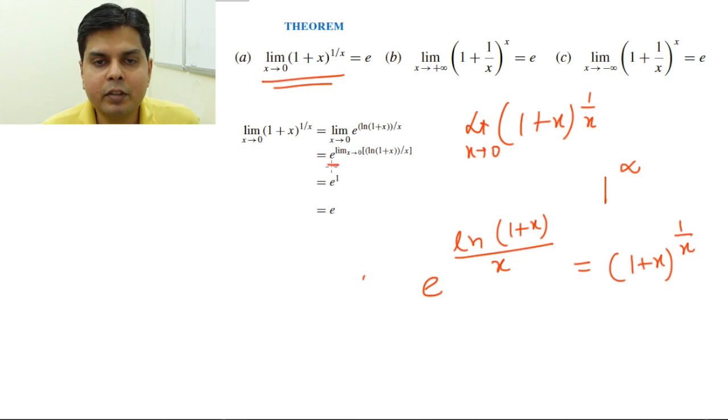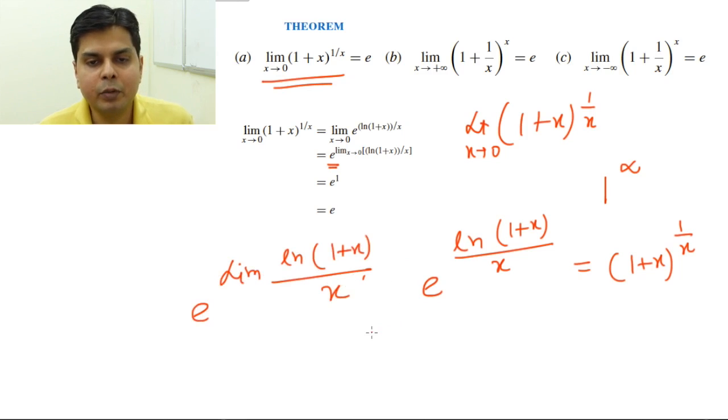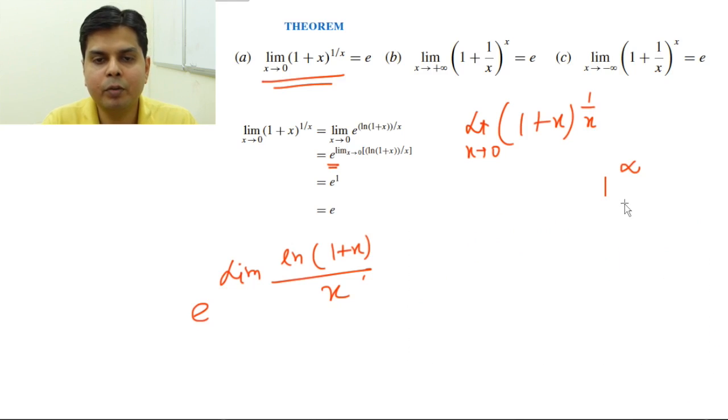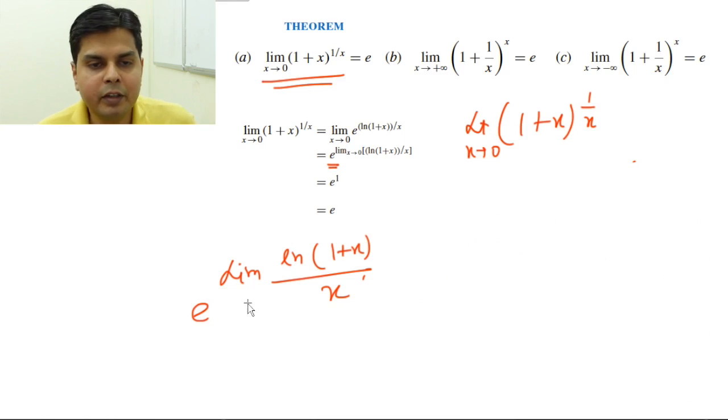Now since the exponential is a continuous function, I can take the limit inside, so this will become e to the power limit of ln(1 plus x) by x. Now I can find this using L'Hopital rule, because this is of the form 0 by 0: as x tends to 0, the numerator is 0 and the denominator is 0.